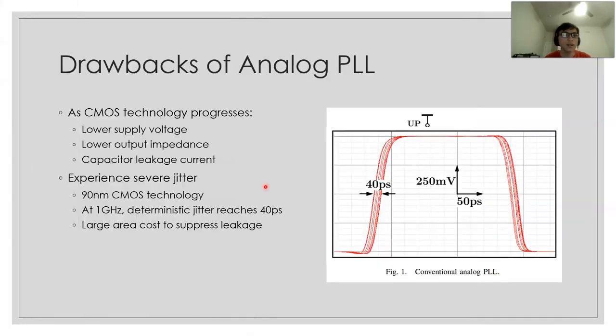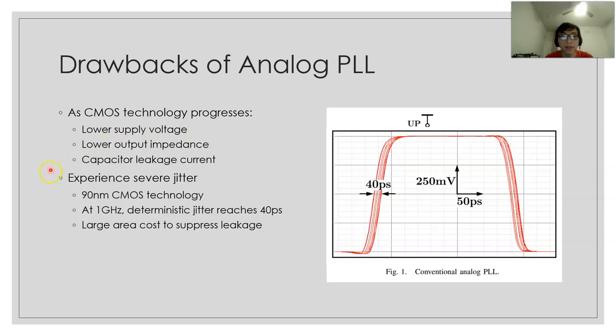In general, the analog PLL has done a great job in the electronics field. But as CMOS technology progresses into the sub-nanoscale, with the trend toward lower supply voltage to lower the power consumption, and lower output impedance, it poses a threat of current leakage in the capacitor.